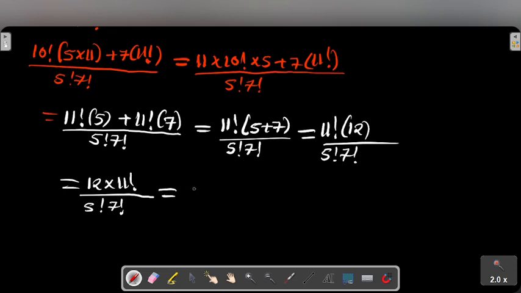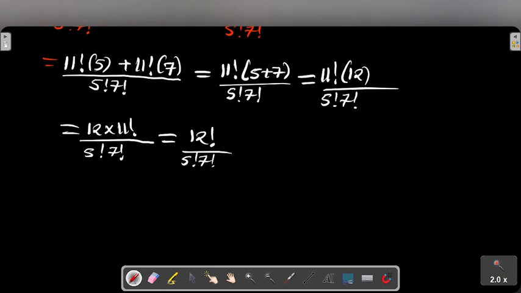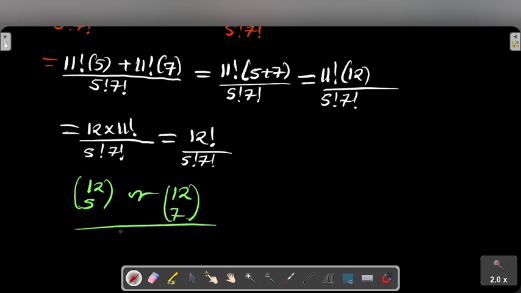So now that can also be combined, so I say 12 factorial over 5 factorial 7 factorial. So finally now you're concluding, you have 12 combine 7, so that becomes the answer there.